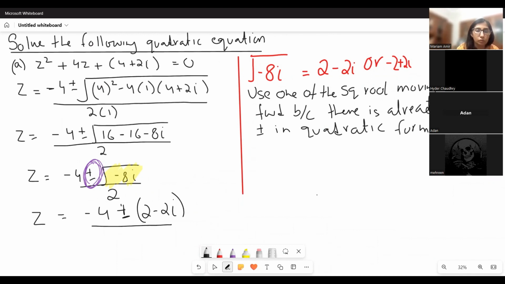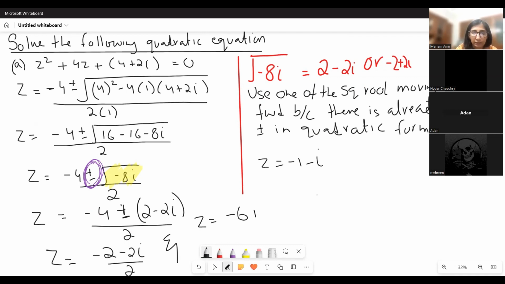upon 2. So we have z equals minus 4 plus 2, which is minus 2 iota divided by 2. So one of the answers is z equals minus 1 minus iota. And for the other one, it's z equals minus 4 minus 2 is minus 6, and then plus 2 iota divided by 2.